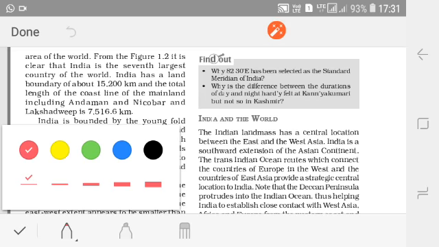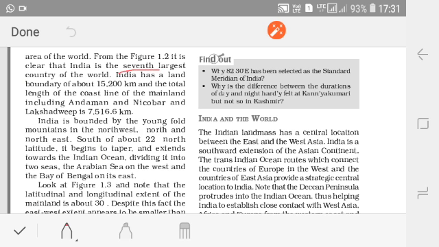Now see a figure is given in the second line. India is the 7th largest country in the world. Mind this is 7th largest, area wise. The first one is Russia and India is 7th largest.